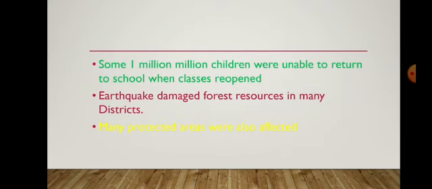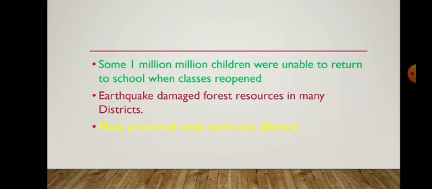These areas were the home for some wild species like red panda, musk deer, Himalayan tahr. All these were protected in these national parks. So all these wild animals were also affected, and the breeding of wild animals and birds was also affected.